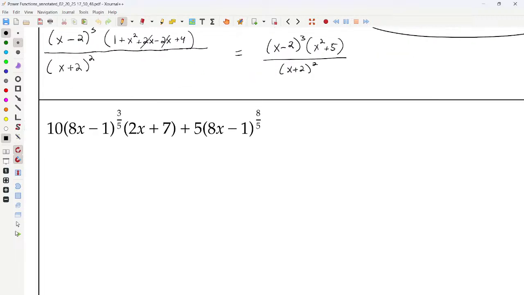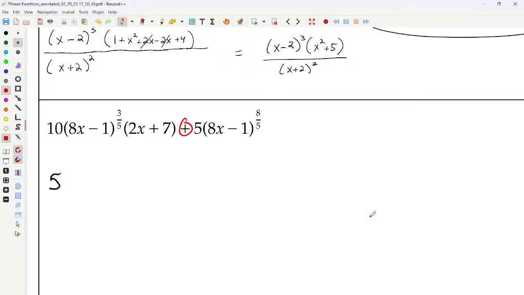So to remind us, to factor, we want to take out the smallest exponent. Well, in this case, let's start with the number parts. We have 10 and 5. The greatest common factor is 5. Moving on, we have a group of 8x minus 1 in between these two terms. Reminding us, a term is separated by addition or subtraction.